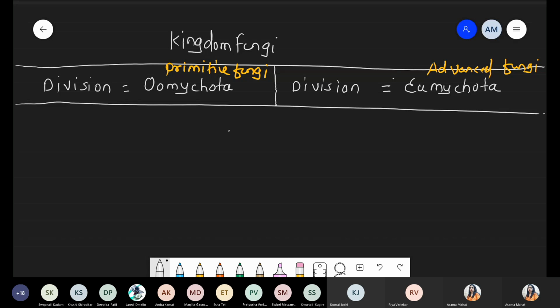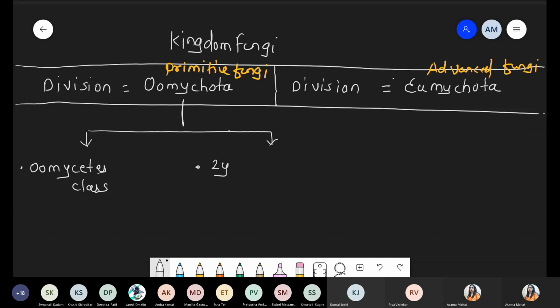Next point, under the division, we are talking about class. This Phycomycetes group is divided into two major classes. So first of all, we are talking about Oomycetes class, and number second that is Zygomycetes class. What is the suffix for the class?